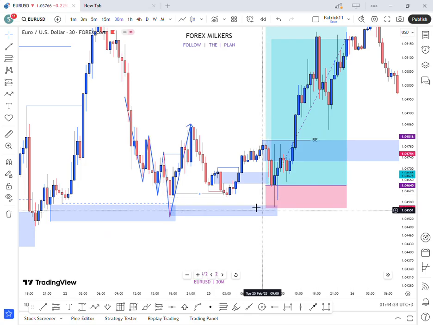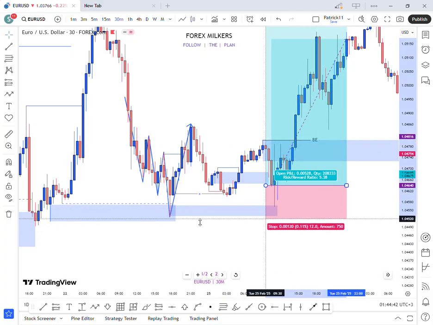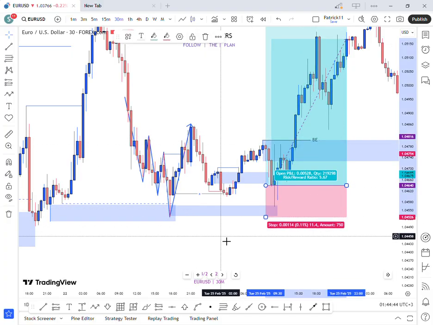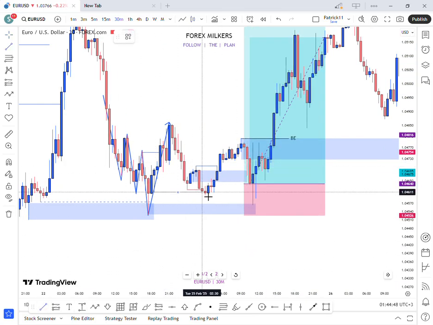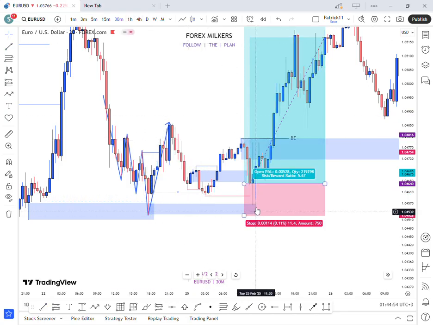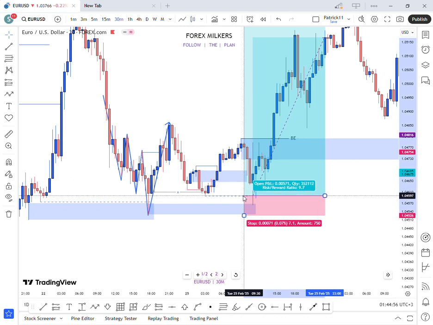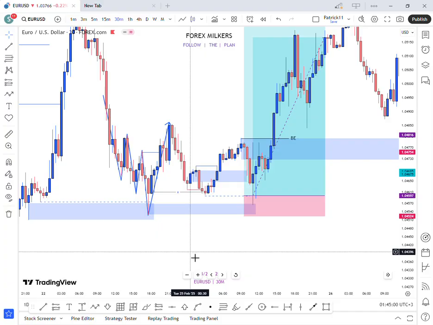So I just adjusted this stop loss when price broke this previous high. So I set it to break even, but initially the stop loss was below this strong low. So I regarded this as the liquidity in this case. So the execution was here with the stop loss below the strong low.